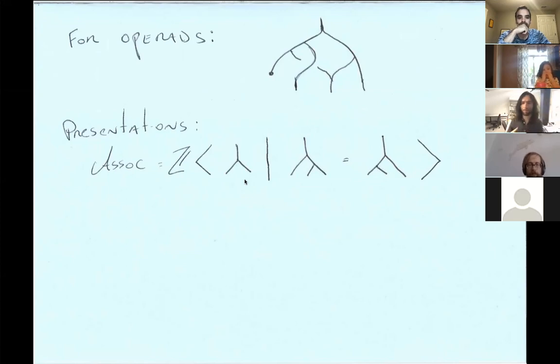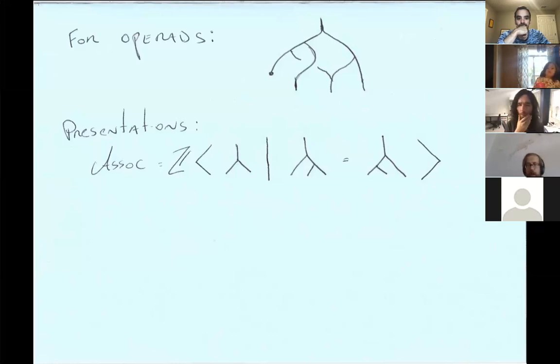That is a reference to the fact that it's freely generated by the appropriate symmetric action. And here on the right, we have one relation. Now, the prop, in this case the operad, that is generated by this presentation is known as the associative operad.